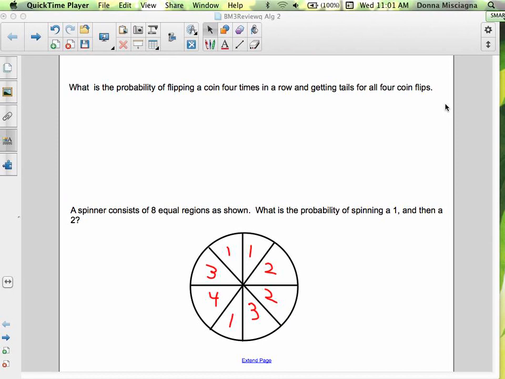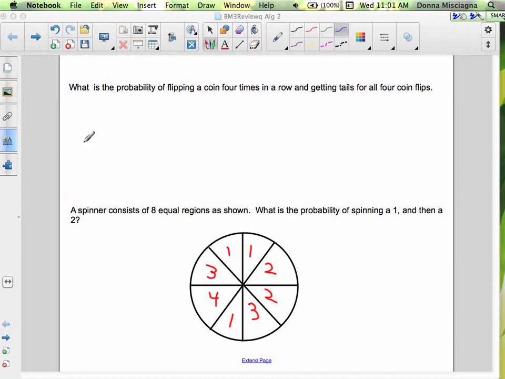What's the probability of flipping a coin 4 times in a row and getting tails on all 4 coin flips? All right, so we want the probability of tail, tail, tail, tail. Notice that's 4 events. Now, there are 2 outcomes on a coin.